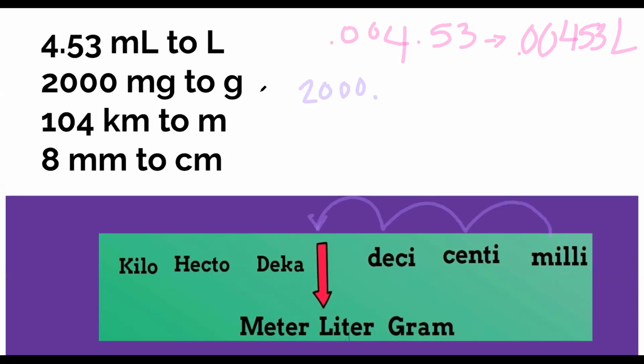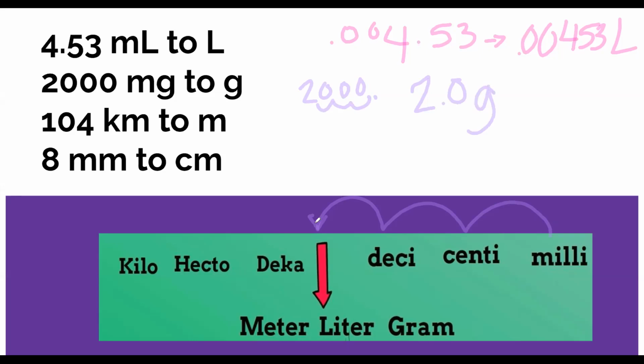If I write 2,000, there's really a decimal point and 2 zeros behind it, just as a way to think about it. So I moved 1, 2, 3 spaces. This would now be 2, or you can put 2.0 grams.